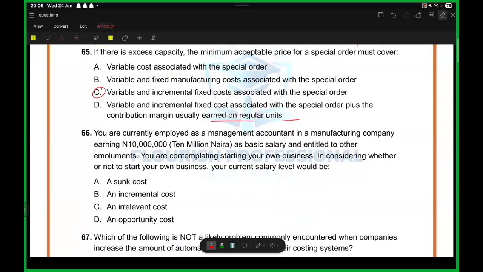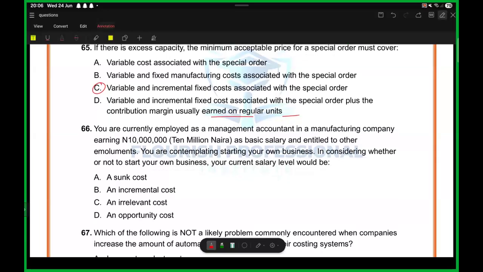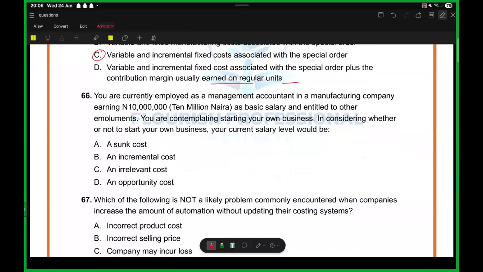Are we clear with this? If we are, you can read question 66. You are currently employed as a management accountant in a manufacturing company, earning 10 million naira as basic salary and entitled to other emoluments.